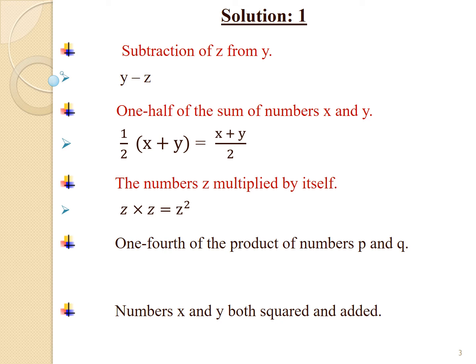Now, sum D. 1/4 of the product of numbers P and Q. Students, in this question, we have to write 1/4 of the product of numbers P and Q. So in order to write 1/4 of the product of variables or unknown numbers P and Q, first we have to multiply P and Q, as we know that when the word product is given, we have to multiply.